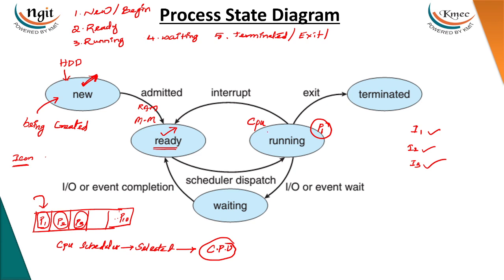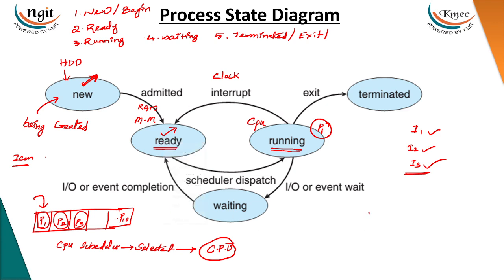A process which is in the CPU is in the running state. Either the execution will be completed, or if there is an interrupt, such as a clock interrupt, the process will be moved back to the ready state.